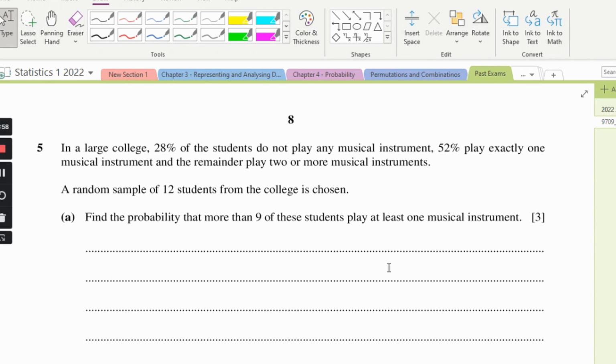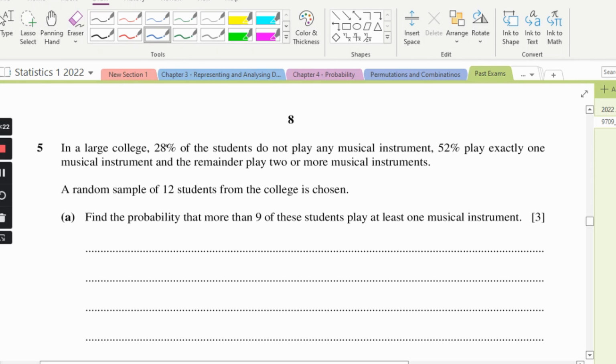Okay. Just have a quick read of this question and determine what you think we are dealing with. What topic? Binomials? Everyone okay with binomials? Yeah, it is.